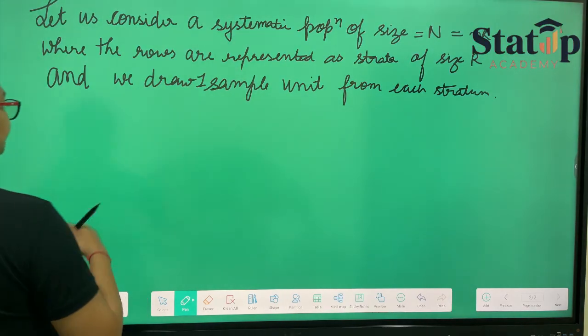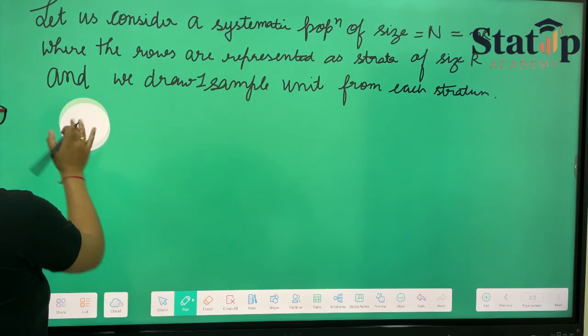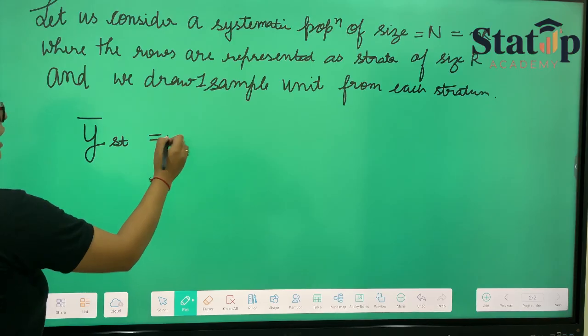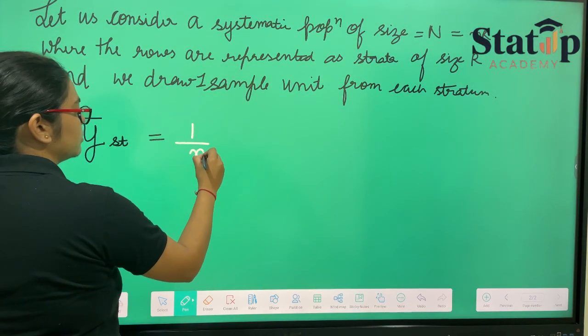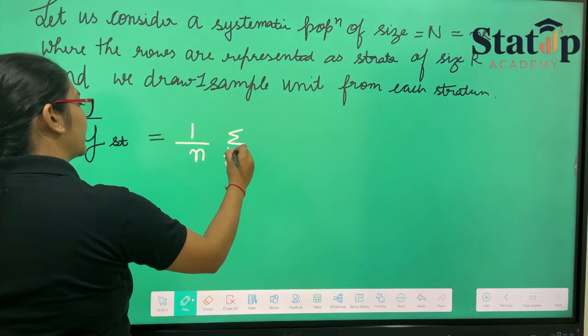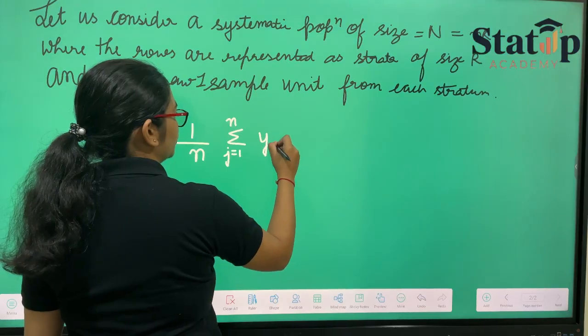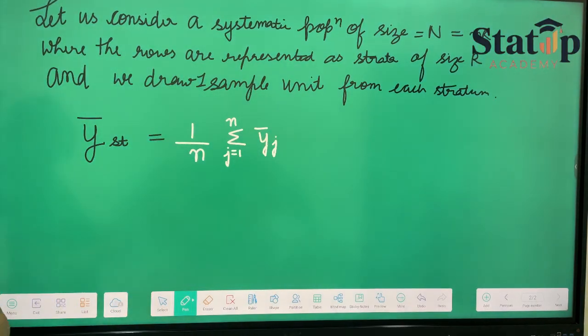So we know that the mean of stratified random sampling is y bar st. Y bar st is nothing but 1 upon n, summation j goes from 1 to n, y j bar. This is the mean of stratified random sampling with n strata. This is the formula for that.